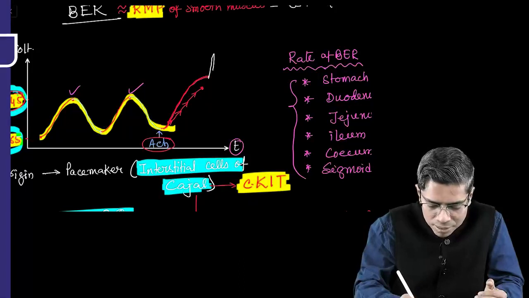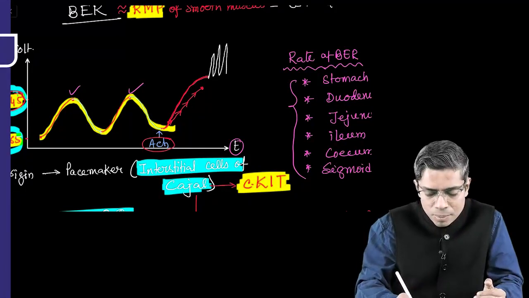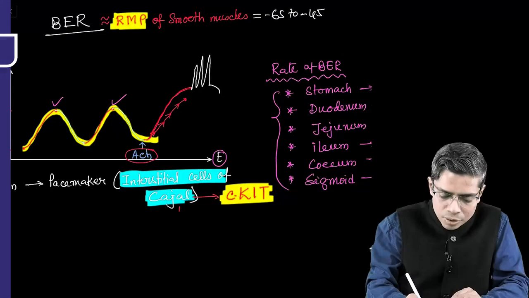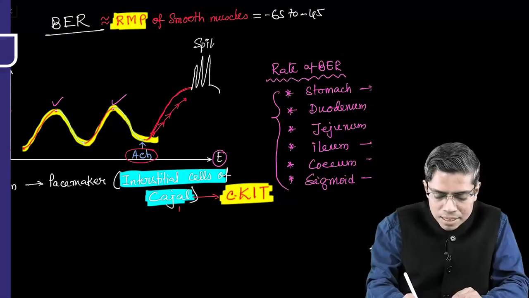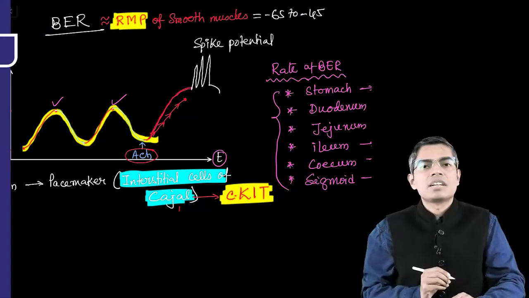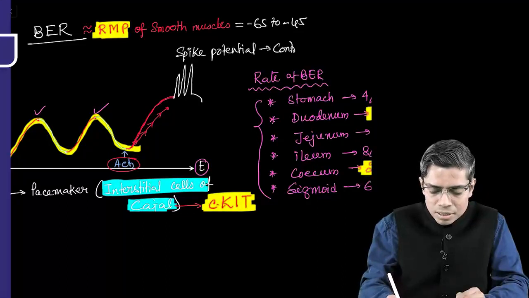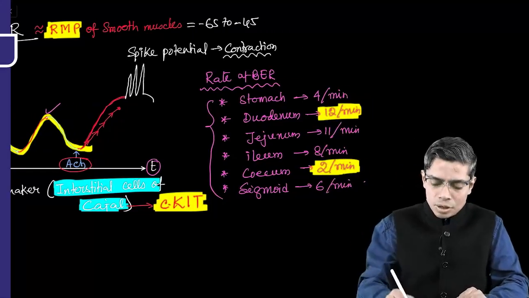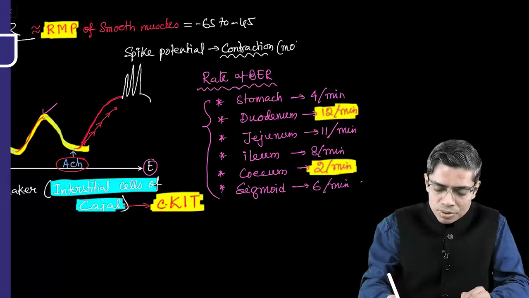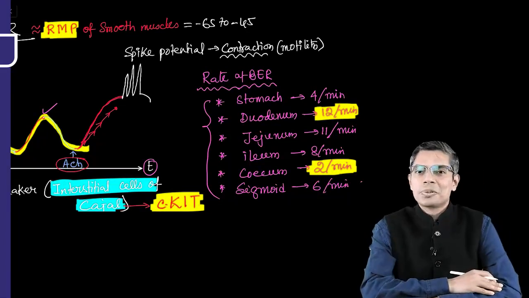Multiple action potentials will be generated at the top of this BER. This kind of action potential is known as the spike potential. Please remember, whenever there is generation of the spike potential, there will be contraction of the smooth muscle of this GIT, and this contraction will lead to various types of motility of the GIT. So getting my point.